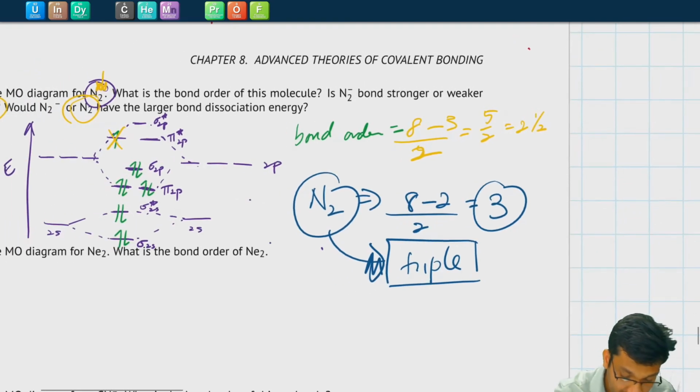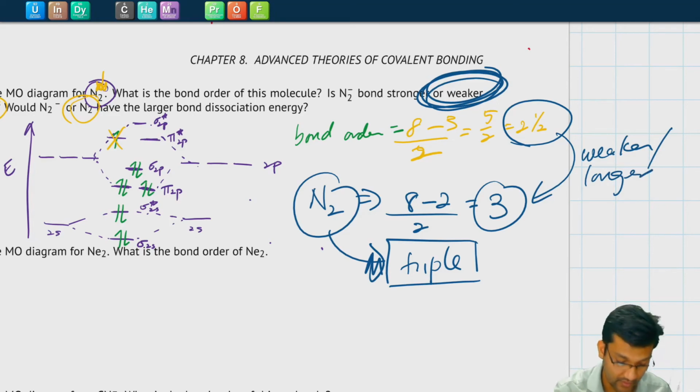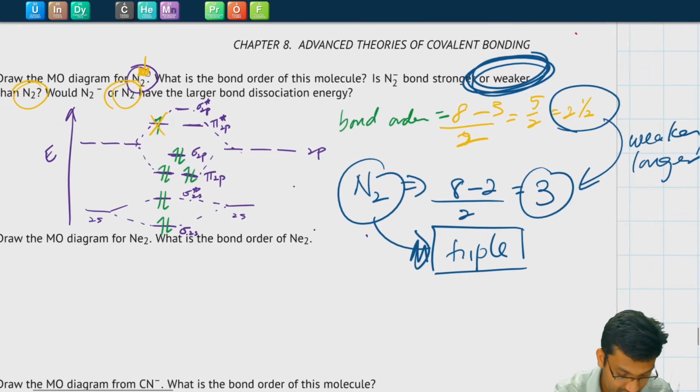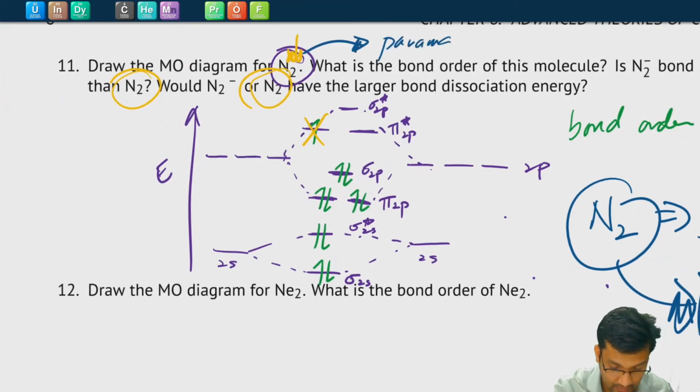So N2 minus has a lower bond order, which means it's a weaker bond, right? That's weaker. But that also means that it's longer, because it's weaker. And the question didn't ask this, but if it did, N2 minus would also be paramagnetic, because there's an unpaired electron right up there.